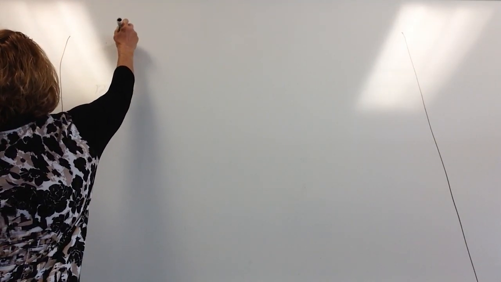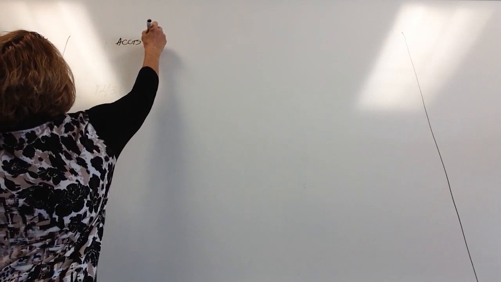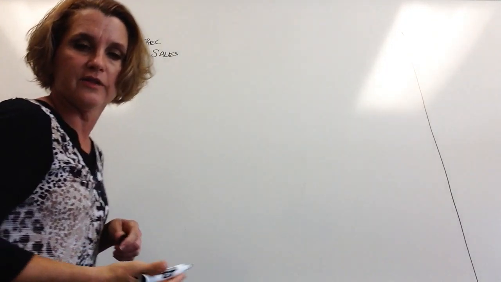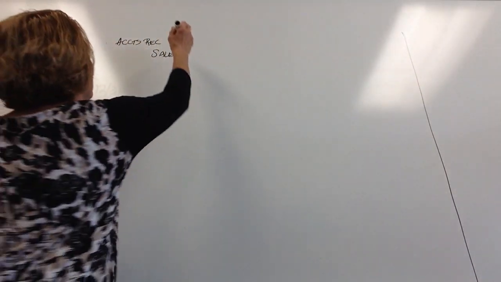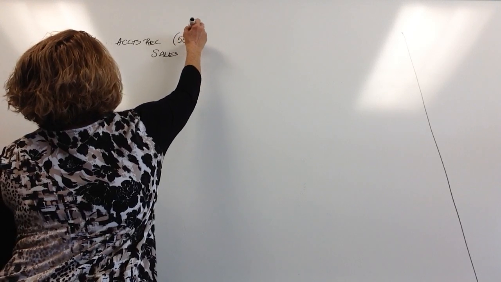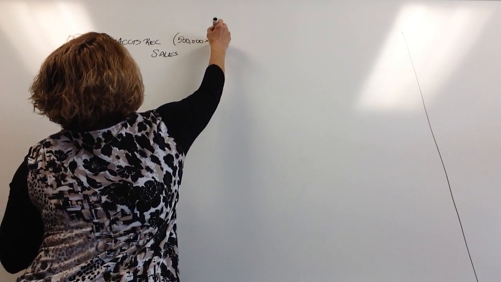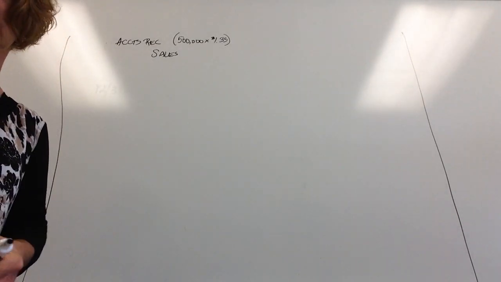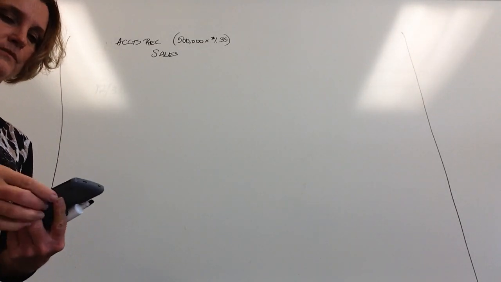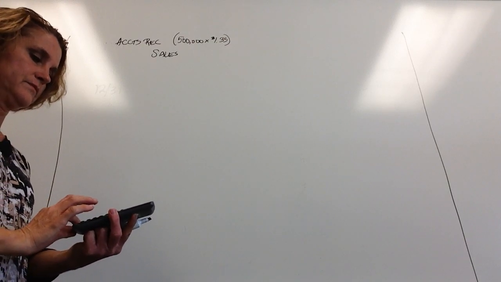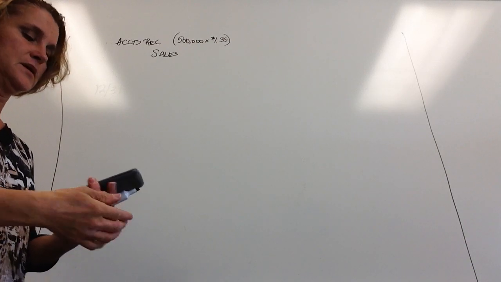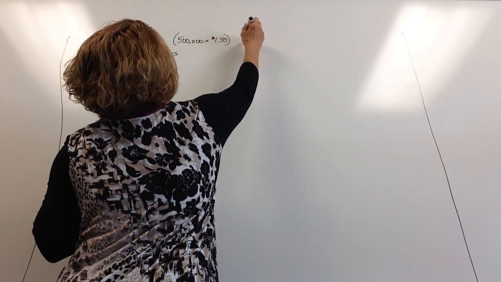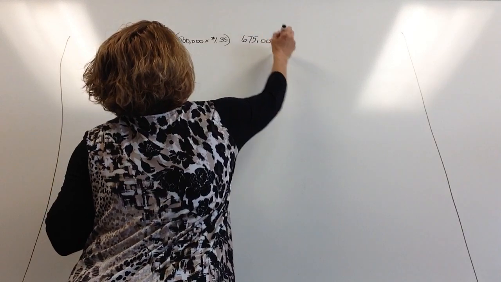We're going to debit our accounts receivable, and then we're going to credit our sales for the 500,000 euros times the $1.35. So that's the 675,000, and they gave us that in the problem also.